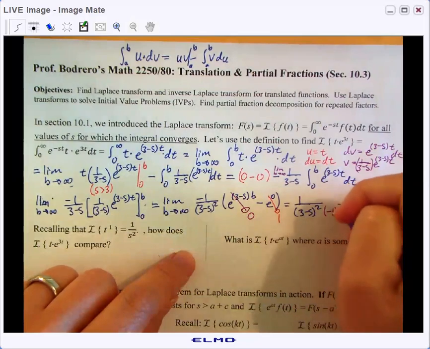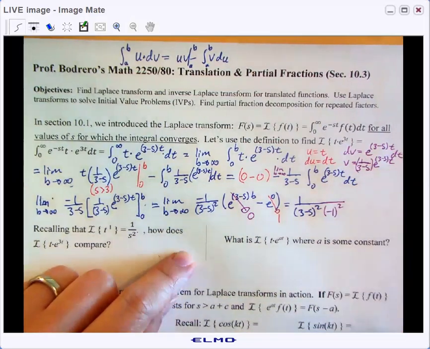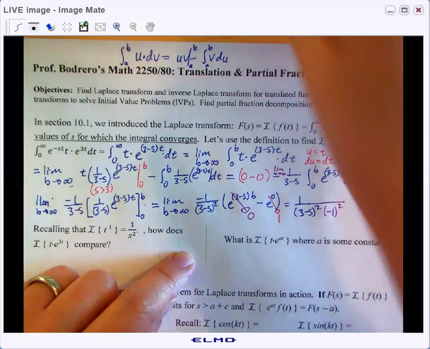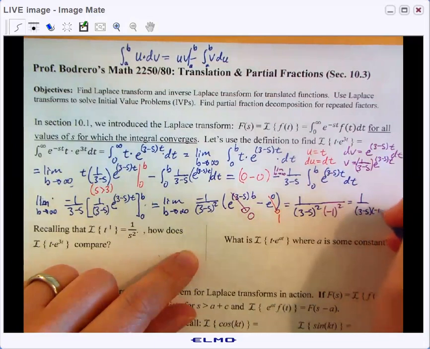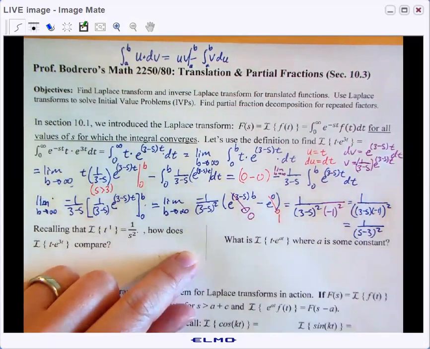What if I were to multiply the bottom by negative 1 squared? That would give me 1 over (3 minus s) times a negative 1, all squared, which would give me 1 over (s minus 3) squared, which is the form you're more likely to see it in.